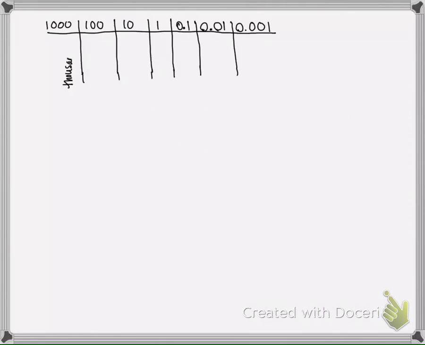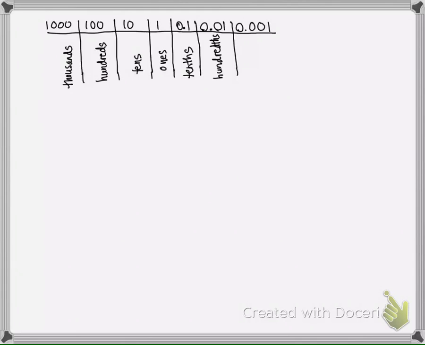So thousands, hundreds, tens, ones. Now we get those, the TH. So we're like lisping. Tenths, hundredths. So look at the parallel here.